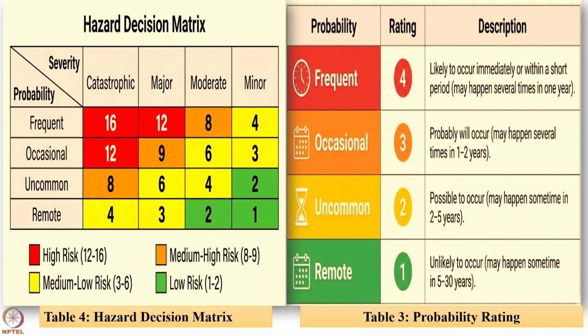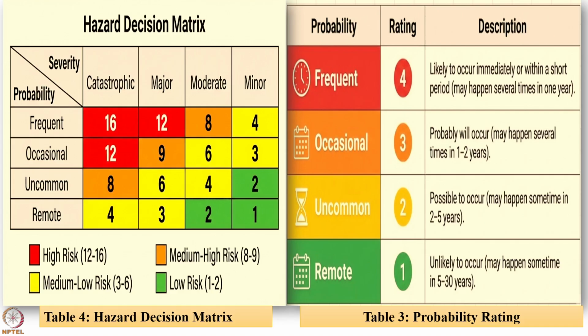So you may see probability ratings from 1 to 2 to 3 to 4, where in the hazard decision matrix there are catastrophic, major, moderate and minor incidences. For high risk we can see 12 to 16, taken as frequent and occasional, whereas for major it was frequent, moderate very less, and minor very less.